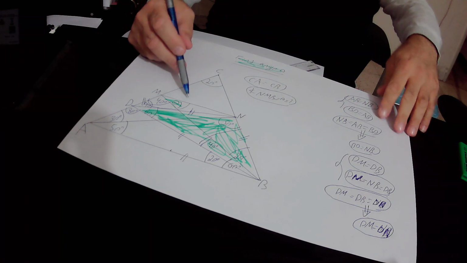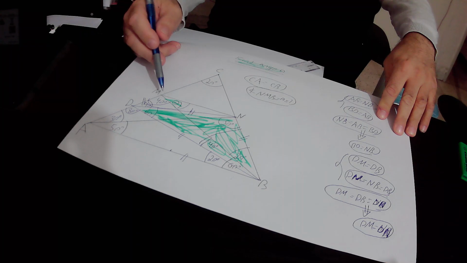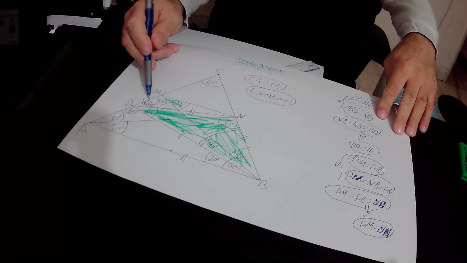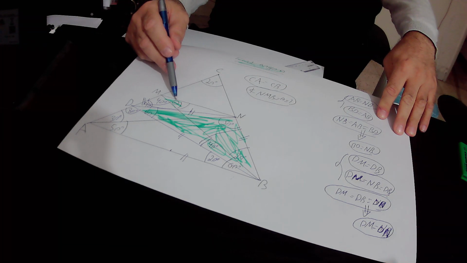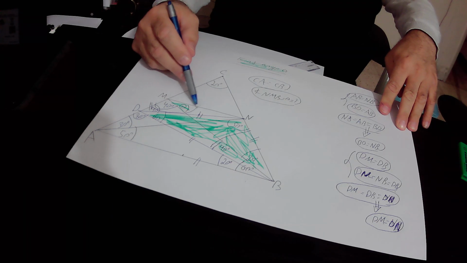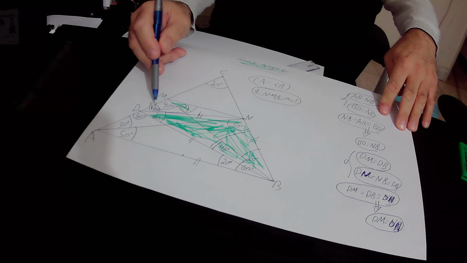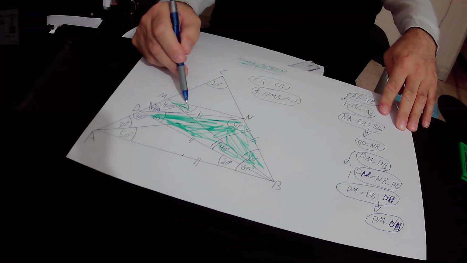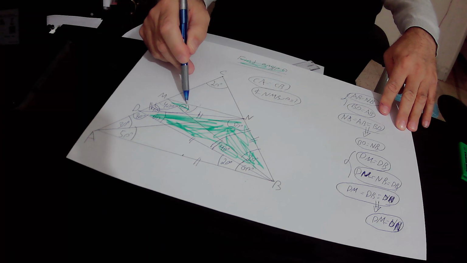So the big angle DMN minus the small angle DMB must be equal to the missing angle, angle theta, that is the angle that we are looking for.